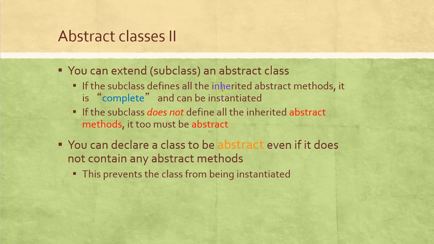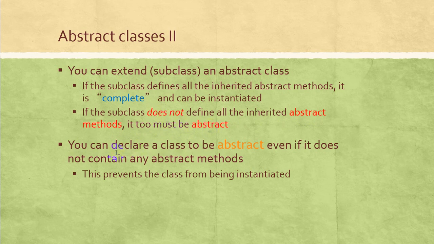So if the subclass defines all inherited abstract methods, it is complete and can be instantiated, right? That is the subclass. A subclass can be instantiated. So it should also redefine all the functions that have been declared in the abstract class. If the subclass does not define all the inherited abstract methods, it too must be abstract, right?